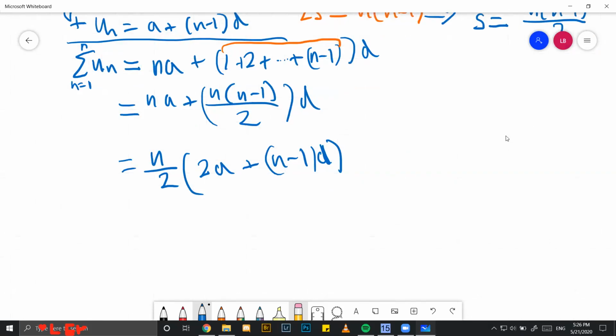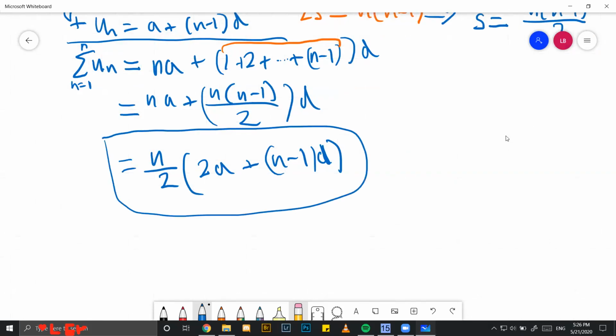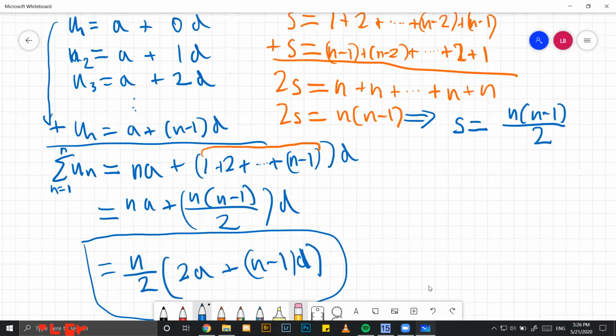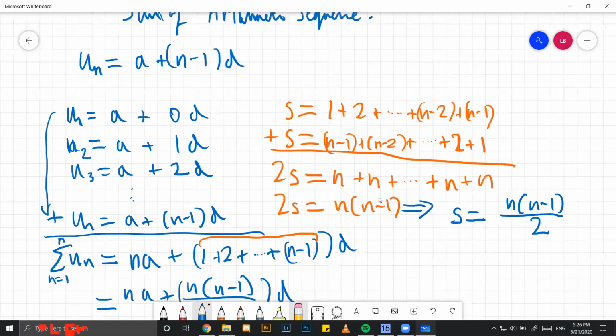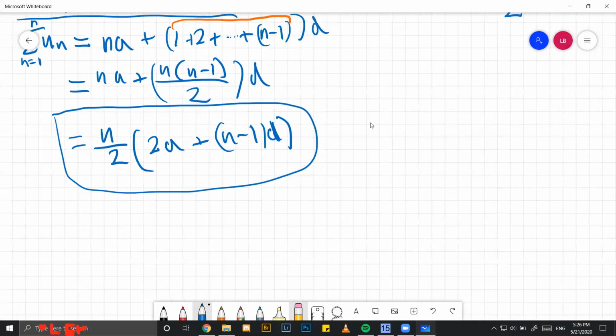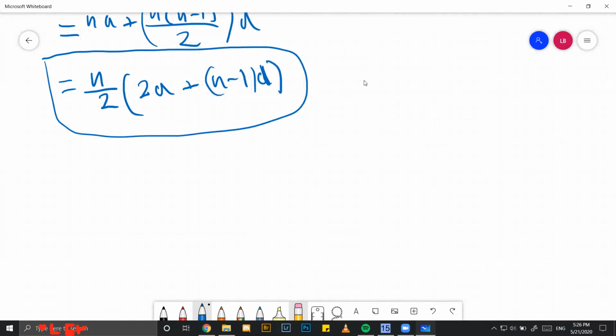Now, this formula was obviously proven using a derivation from the original definition of an arithmetic sequence. However, you could also prove this using induction, which I think I've seen as a question in an IB math test as well.